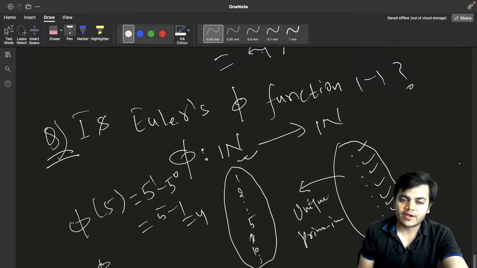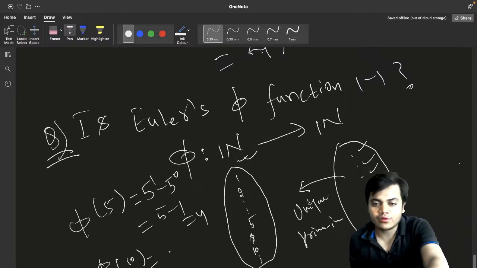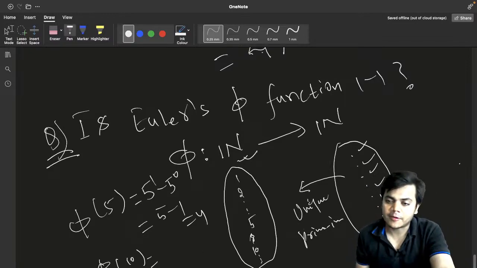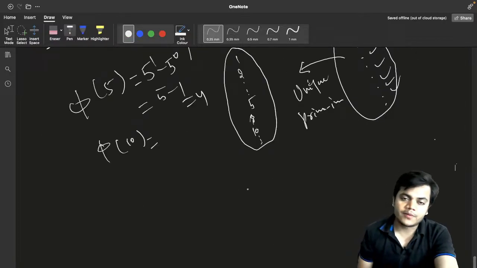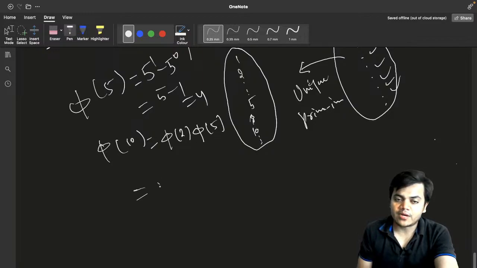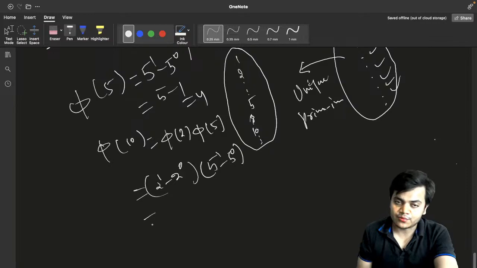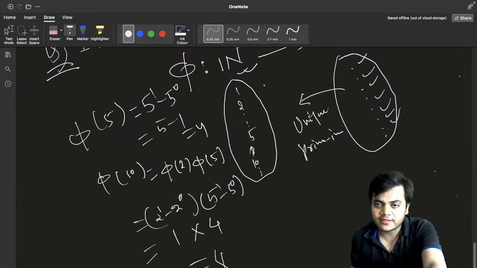And what about phi of 10? What would you like to say? What will phi of 10 be? You can see this is phi of 2 into phi of 5. So phi of 2 is 2 raised to the power 1 minus 2 raised to the power 0, into 5 raised to the power 1 minus 5 raised to the power 0. So this is 2 minus 1, certainly 1, into 5 minus 1, certainly 4. So this is 4. So what do you observe?